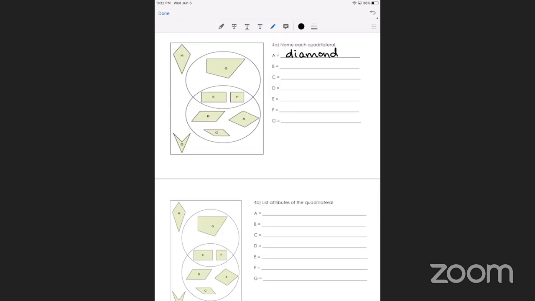And B is a parallelogram. And C is a rhombus.